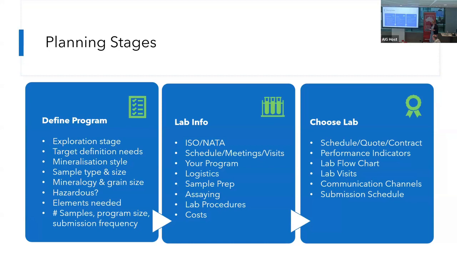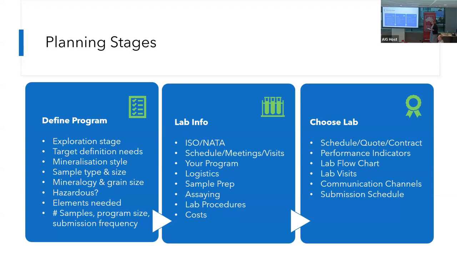Planning can be divided into 3 stages. The first stage is defining your program parameters. This includes stage of exploration. Is it early, initial drilling, resource, grade control? Your target or anomaly definition and assessment needs, mineralisation style, type of sample and sample size, mineralogy, grain size.